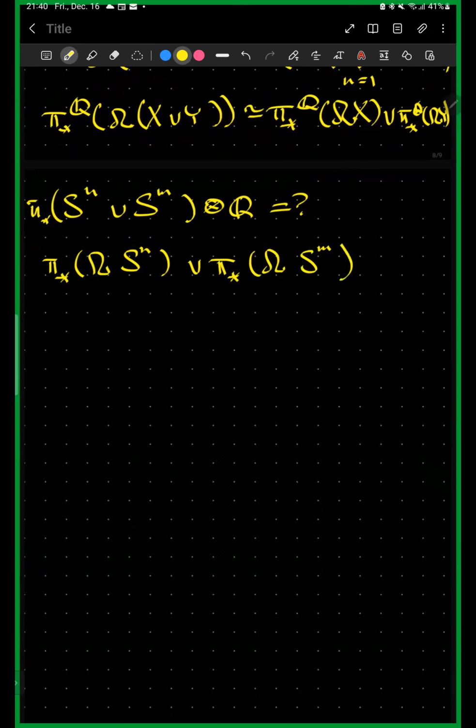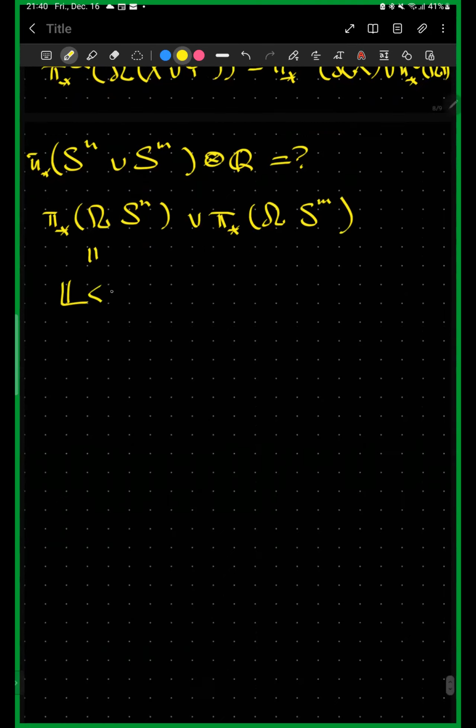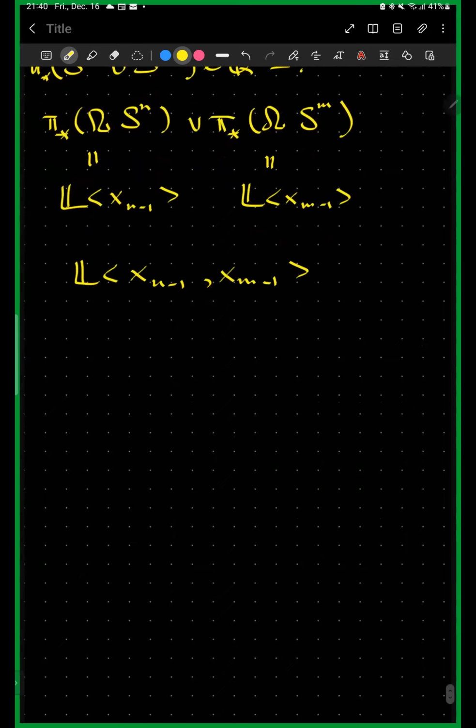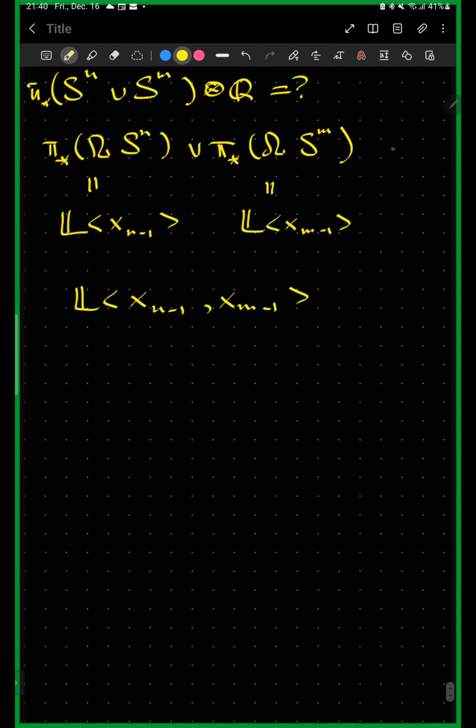Since this one is a free Lie algebra generated in degree n-1, and this one is a free Lie algebra generated in degree m-1, what we get is a free Lie algebra generated in degrees n-1 and m-1.